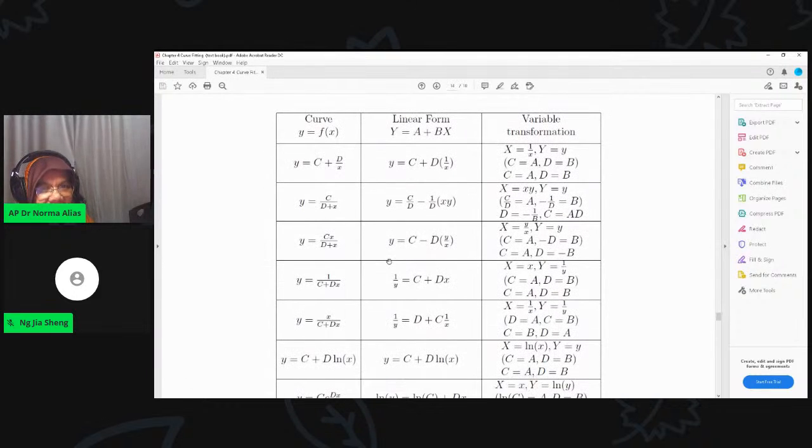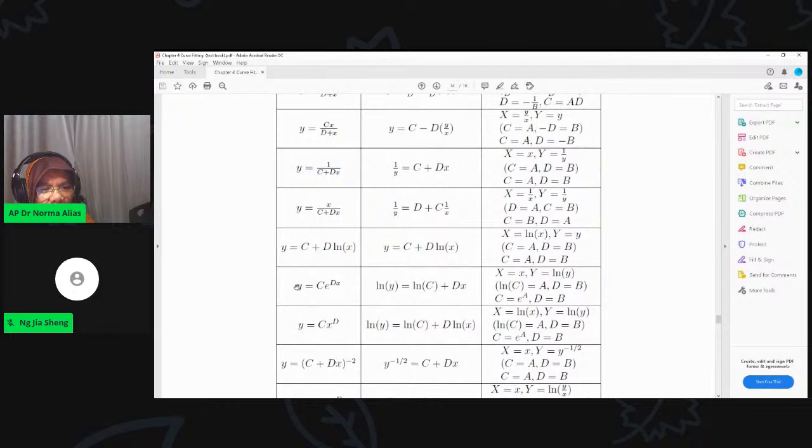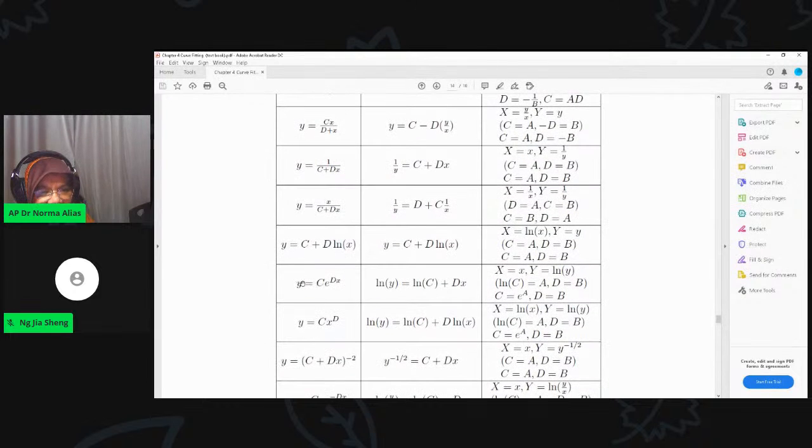Page 14. You can see we just finished y equal to c exponent dx. So we can get the linear form ln y equal to ln c plus dx, where a is ln c and d is b, when we express it in the linear system y equal to a plus bx.